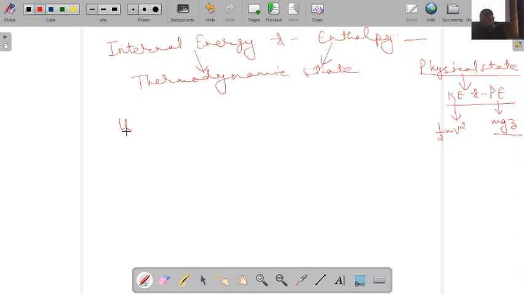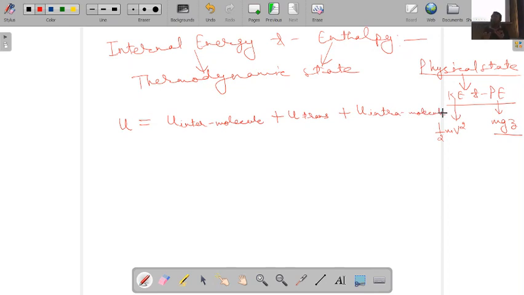So U will be equal to U intermolecule plus U translation plus U intramolecule. Now can you tell me what is the difference?